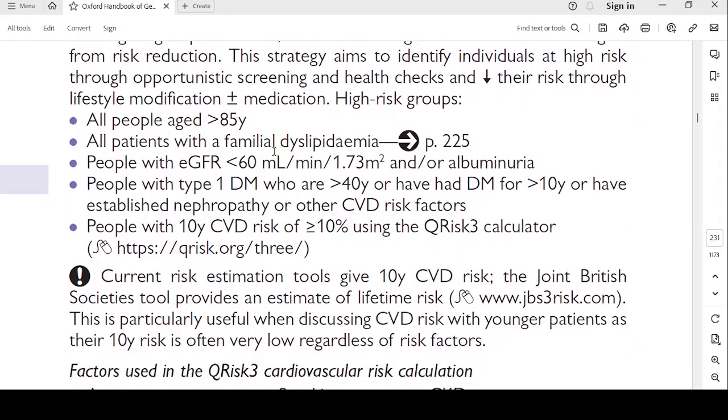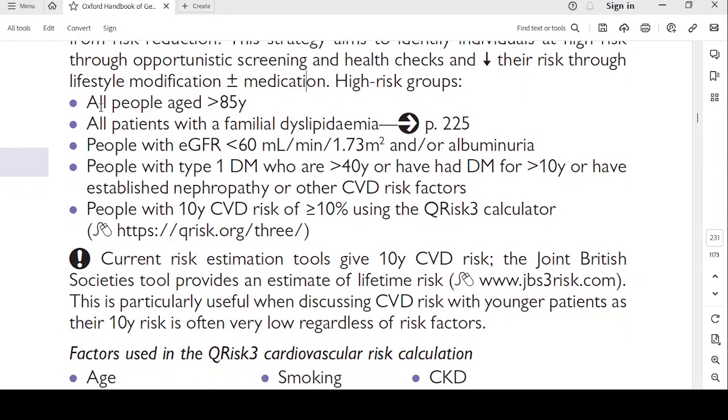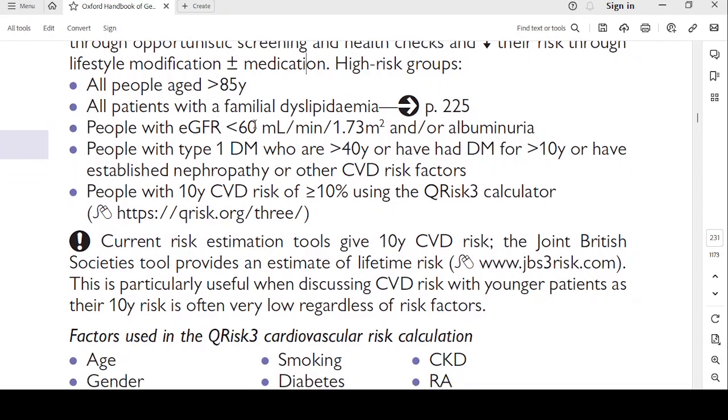Who are the high risk groups for CVD risk? All the people aged more than 85 years, all patients with familial dyslipidemia, people with eGFR less than 60 ml per minute per 1.73 meter square or an albuminuria, people with type 1 diabetes who are more than 40 years of age or have had diabetes for more than 10 years or have established nephropathy or other CVD risk factors, people with 10 years CVD risk of more than 10% using the QRISK 3 calculator.